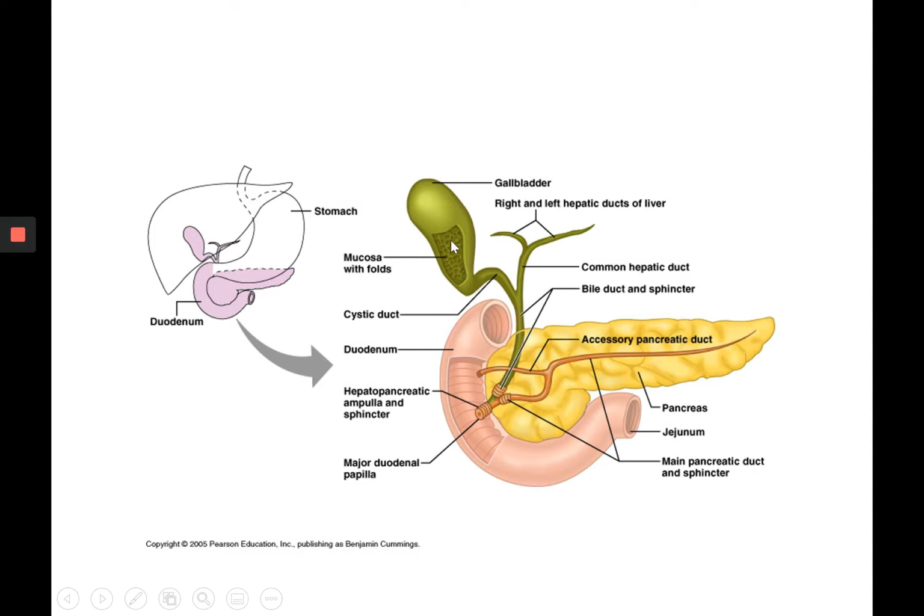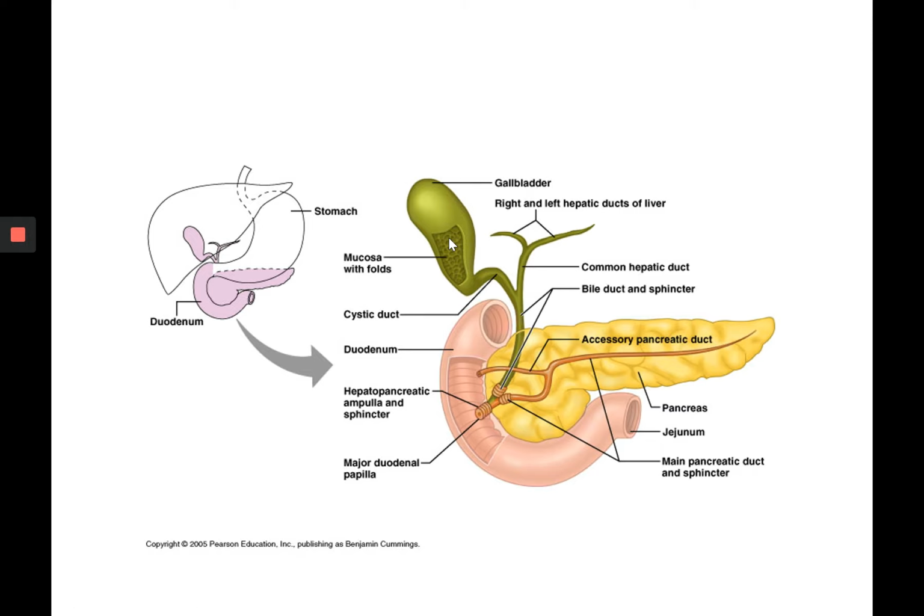The gallbladder has a cystic duct that merges with the common hepatic duct to form the common bile duct. The pancreatic duct is not as complex, but it's going to bring secretions from the pancreas, whereas the common bile duct is bringing secretions from both the liver and the gallbladder, even though it's primarily the gallbladder.